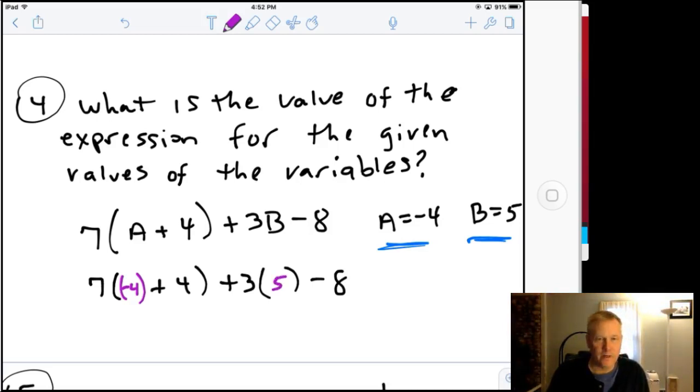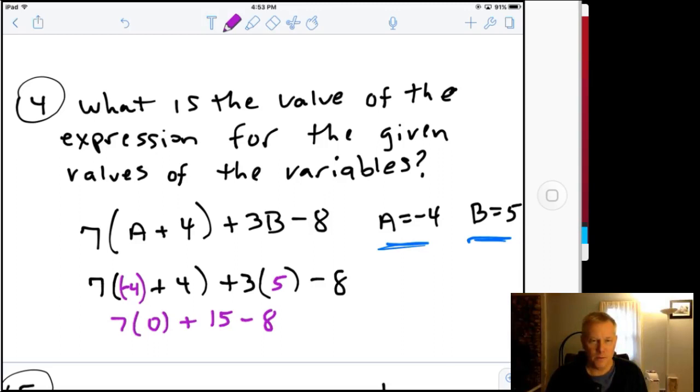Okay, I'll put the 5 in for the B. All right, now let me start simplifying this. Order of operations, parentheses first, right? Then exponents. I have parentheses, I don't have exponents. So negative 4 plus 4 is 0. So I got 7 times 0 plus 3 times 5, which is 15. I'm doing my multiplication at the same time there.